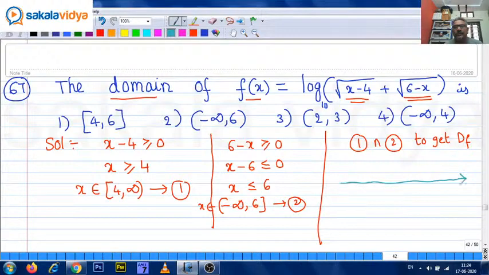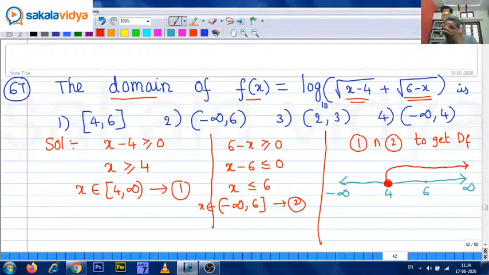Take the number line. This is negative infinity, this is positive infinity. The critical points are 4 and 6. First, 4 to infinity: you shade it, and 4 is included.